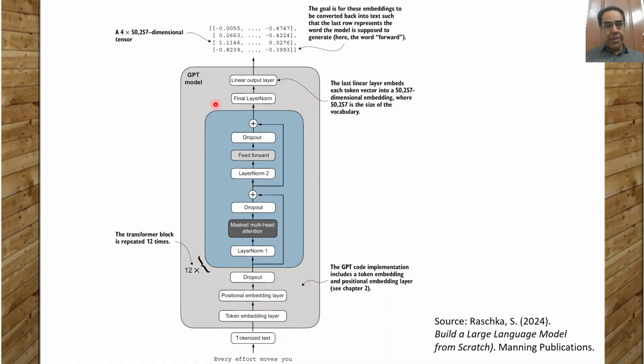As before, each transformer block contains multi-head attention and feed-forward neural network layers with dropout and layer normalization.